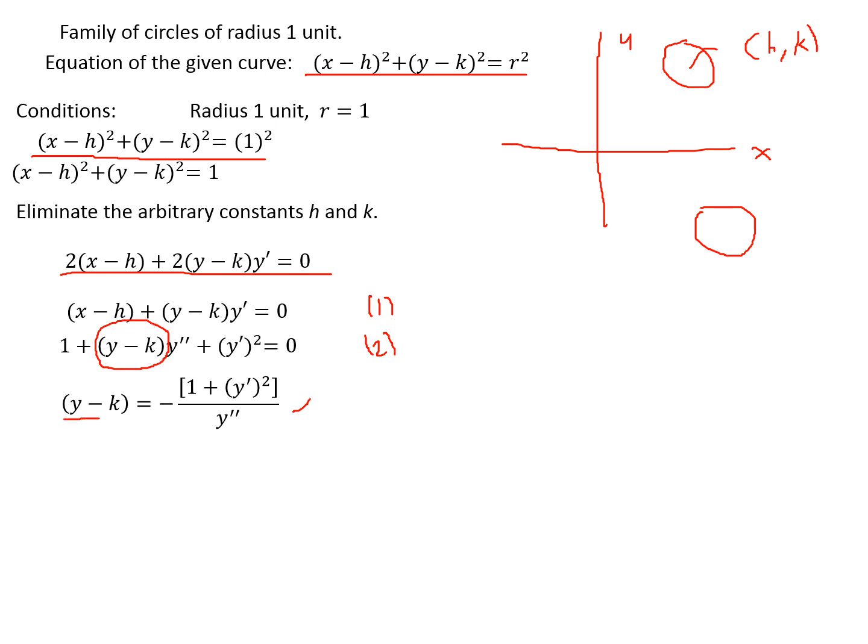We know already y minus k. And then from equation 1, we can solve for x minus h. Let's transfer y minus k times y prime to the right. This is negative y minus k times y prime. And notice that we know y minus k, so we can plug it there.